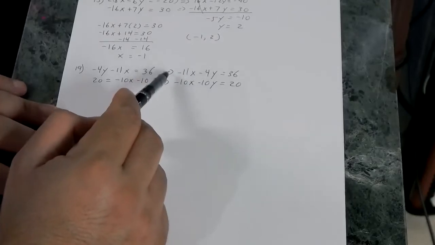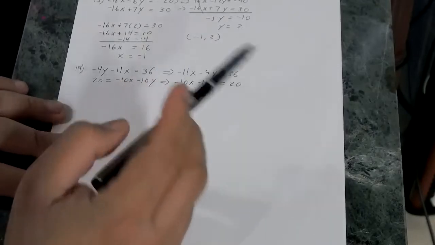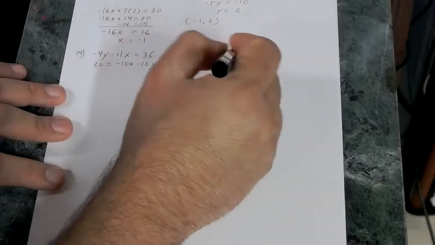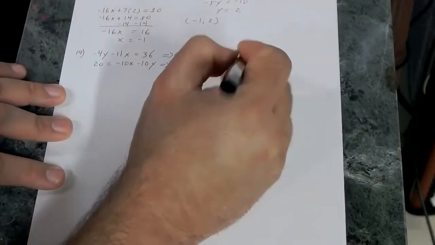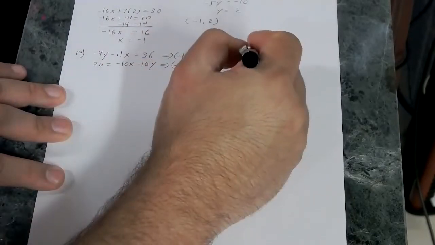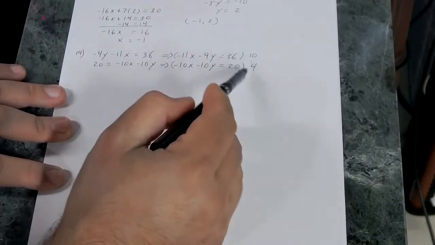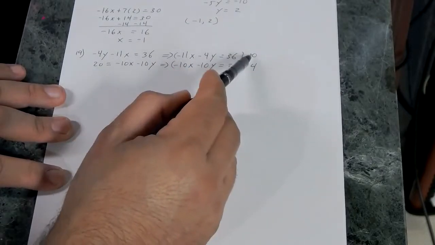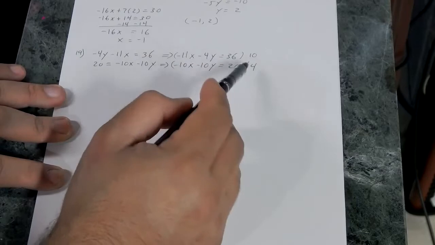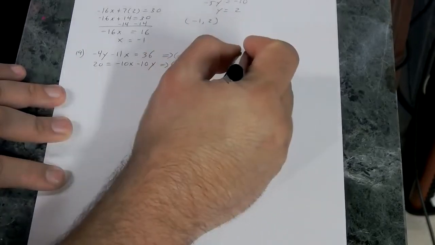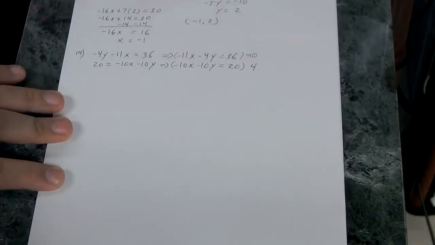One of these signs has to be a negative, and it doesn't matter, you choose. So we know we're going to multiply by 10 and by 4, but I have to choose one of them to be a negative such that when I distribute, one's positive, one's negative. And it really does not matter. So I'm going to choose negative 10. So let's multiply out.